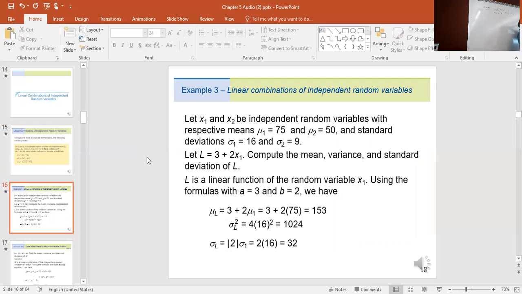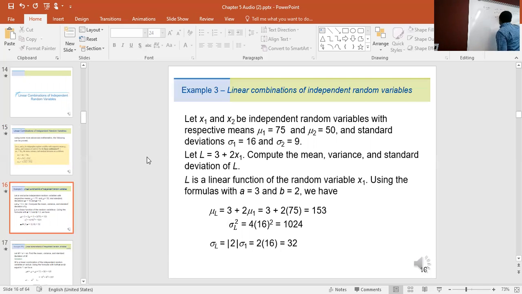Remember that I said the mean of x is 3, the standard deviation of x is 2, the mean of y is 4, the standard deviation of y is 3. So here we will have 3 plus 4 equal to 7.